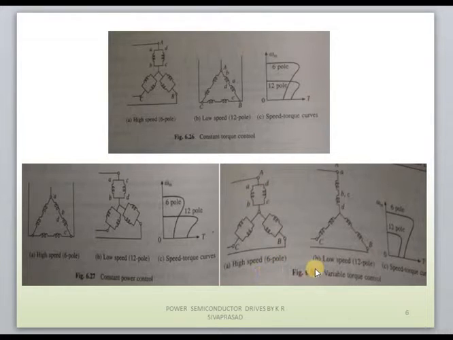Whereas for 12-pole low speed, here we are using a star connection, not delta connection. In the first case, we are using a delta connection for low speed 12-pole, but in the third case, we are connecting it as a star connection only, but the coils are connected in series.